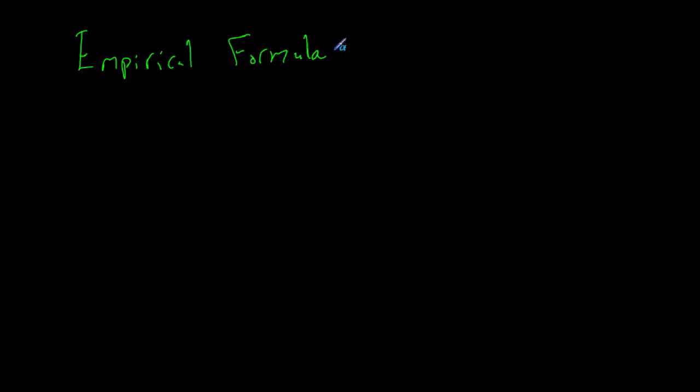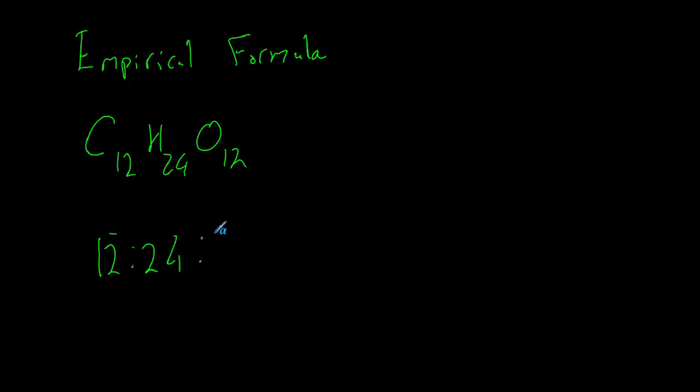Now, all the empirical formula means is it is the simplest ratio of atoms within a molecule or a substance. So, for example, if we had the substance C12H24O12, we can write that more simply in the empirical formula as the simplest ratio between them. Well, we have 12 to 24 to 12.